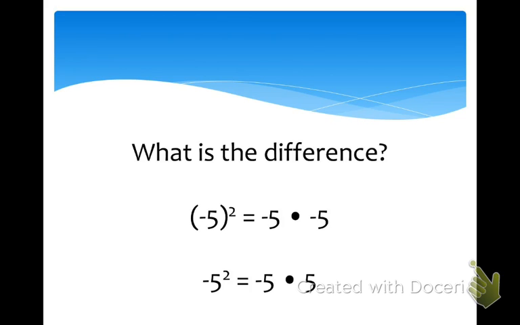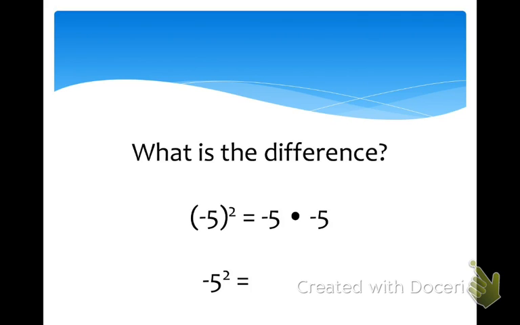So what is the difference between the first one and the second one? Well, I see the first one has the parentheses, okay? So it's telling us I get to write everything in that parentheses 2 times.